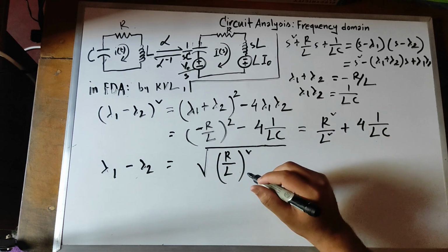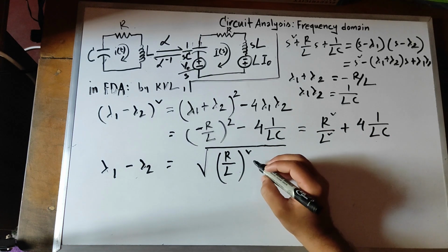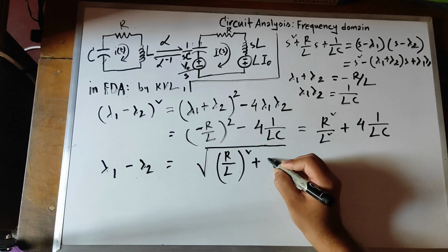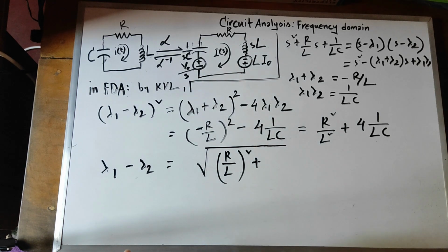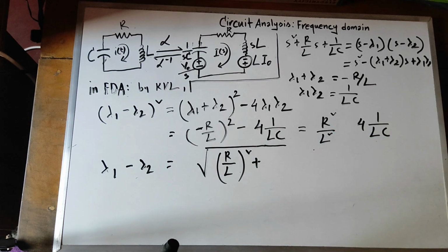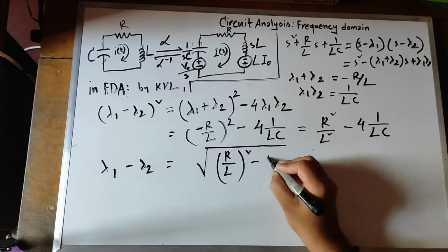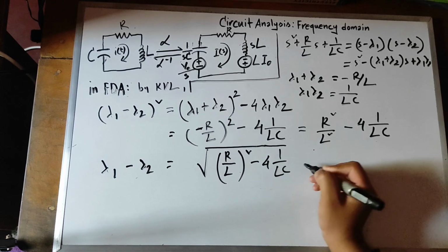I'm just taking the square out from the individual R and L, so minus 4 times 1 by LC.